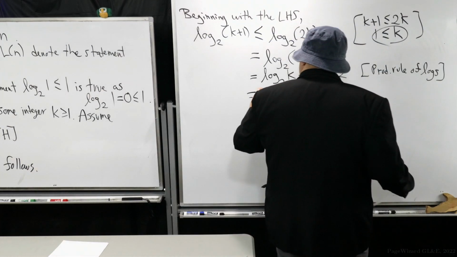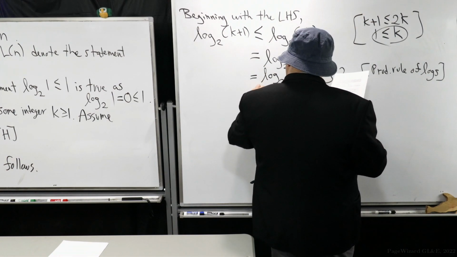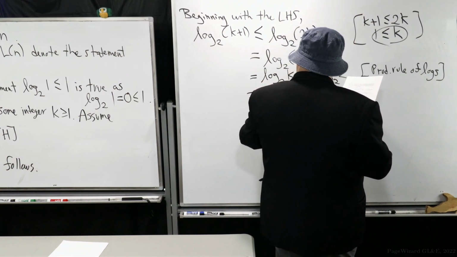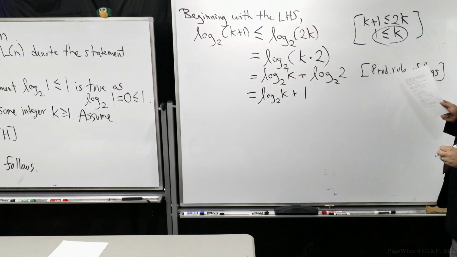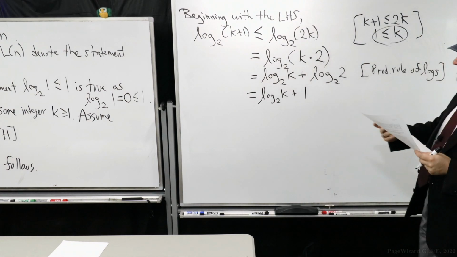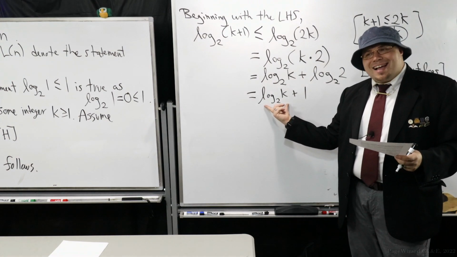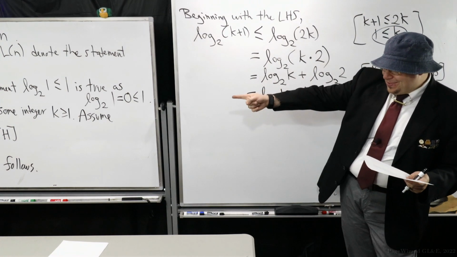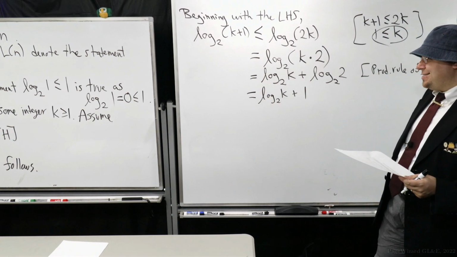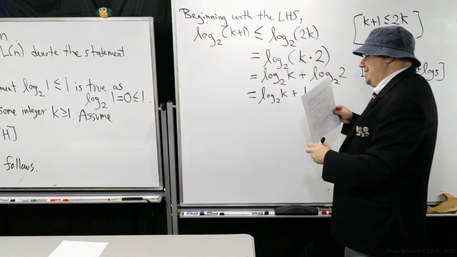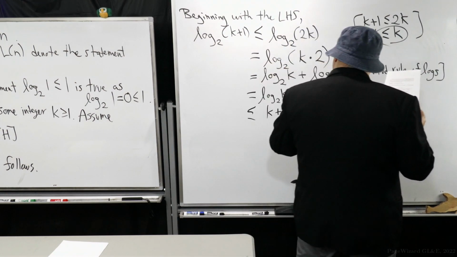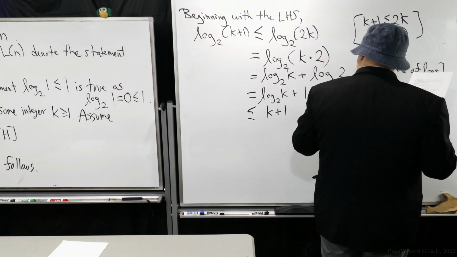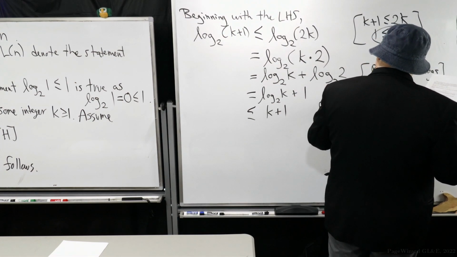So look at this. This is just log base 2 of k plus 1. But here's the thing. What's this? That's the left-hand side of L of k, right? But we know that that's less than or equal to k, by the induction hypothesis.